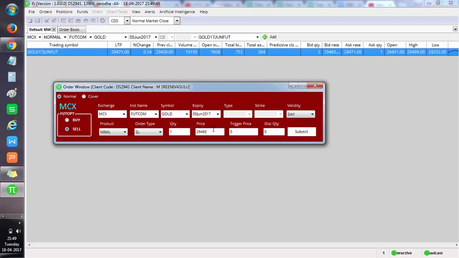I want the trigger to happen only when the price is within a particular range. So if I had to take this trade, I will select the trigger price as 29,465 and the price, say, I'll enter 29,458, 7 rupees away for gold.